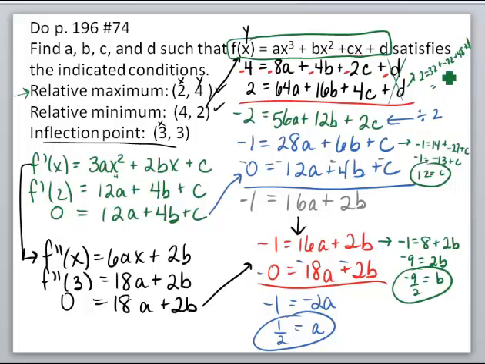I don't know if you can see this. This is negative 40, and that would be 48, so that would give me 8 plus d equals 2. And so my d ends up being negative 6. Very long problem, but we did manage to get through it.